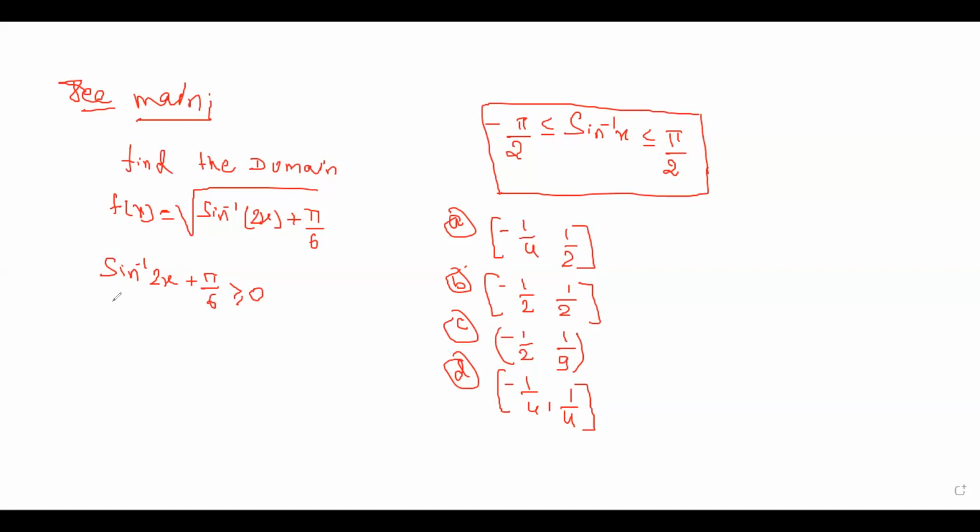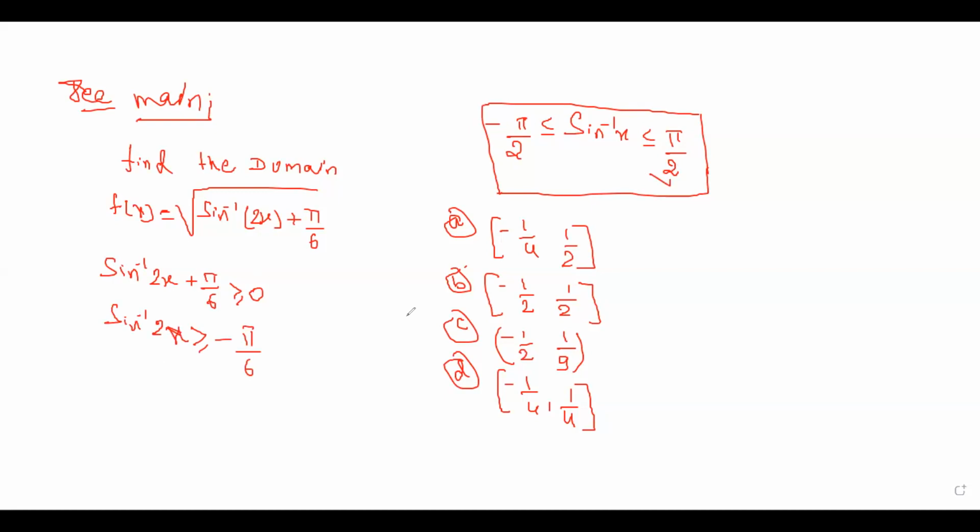Now you can write sine inverse 2x is greater than or equal to minus pi by 6, but it is less than or equal to pi by 2.